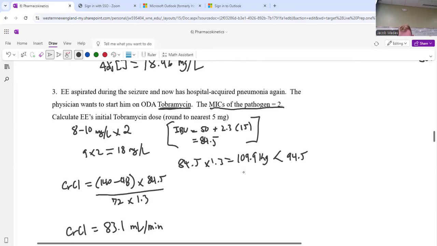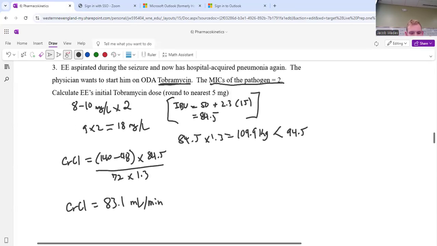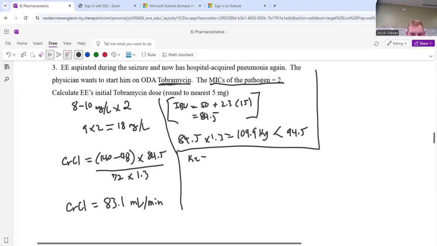Now we have to find the elimination constant, Ke. For aminoglycoside, it's going to be 0.00293 times creatinine clearance, which is 83.1, plus 0.014.